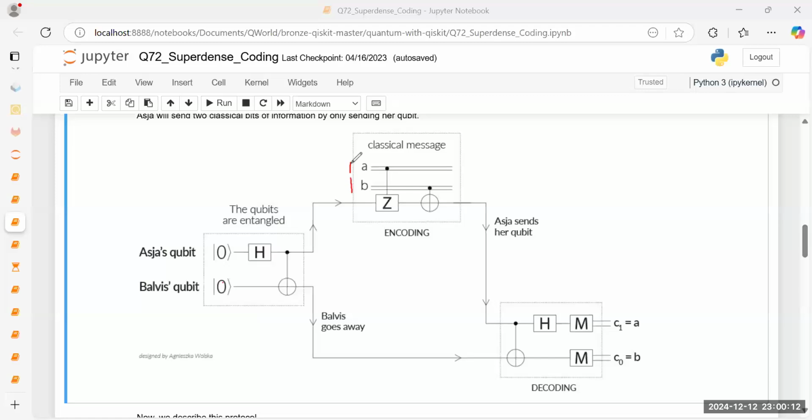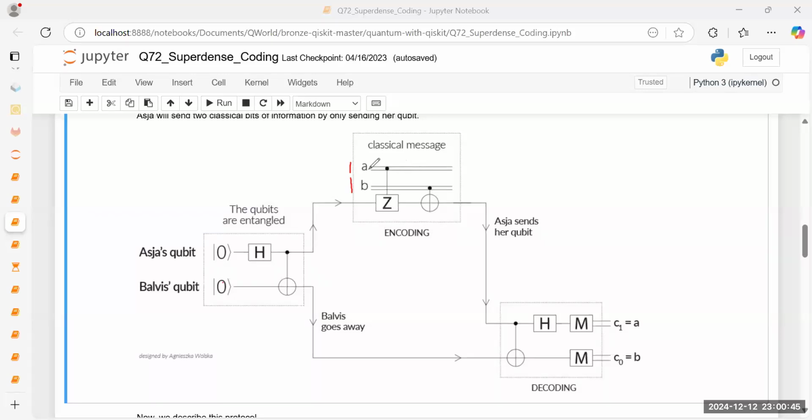So this is her classical message, 1-1. And because of that, she's going to apply these 2 gates. Because if you look here, we have a controlled Z gate and a controlled X gate, or a controlled NOT operator. And because our control has a value of 1, we're going to apply the Z gate in this case. And with a 1 here, we're going to apply the X gate.